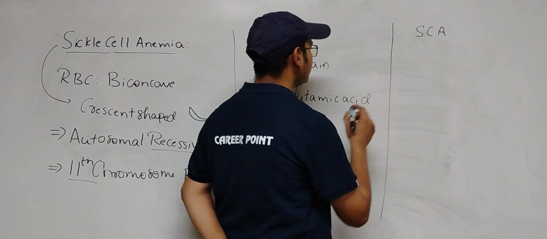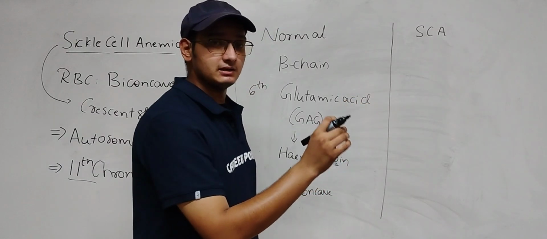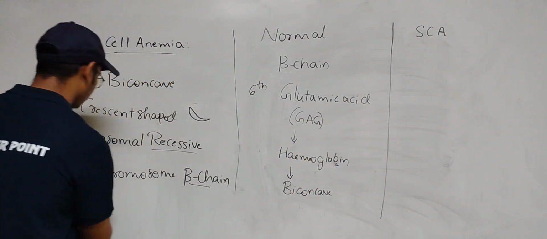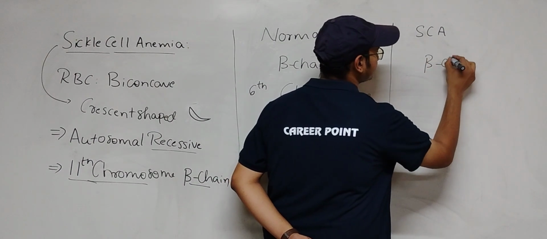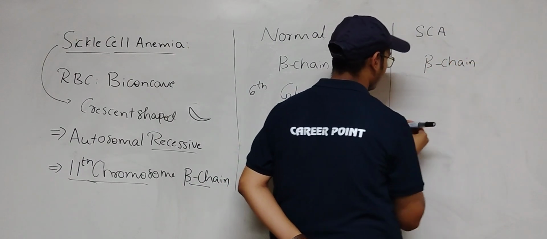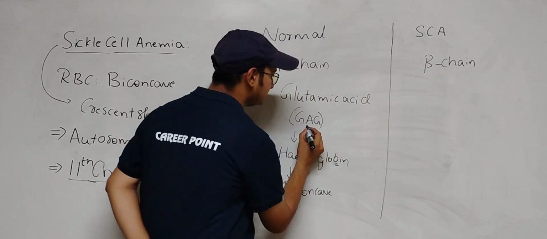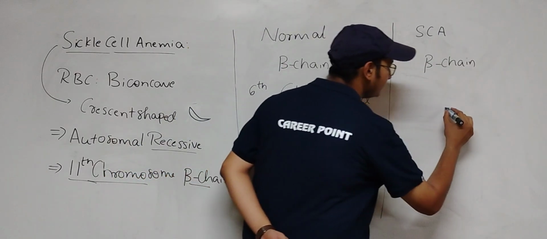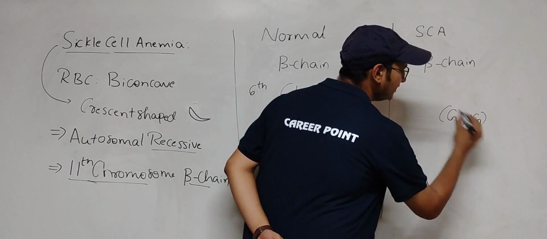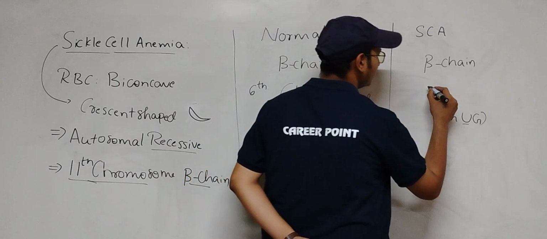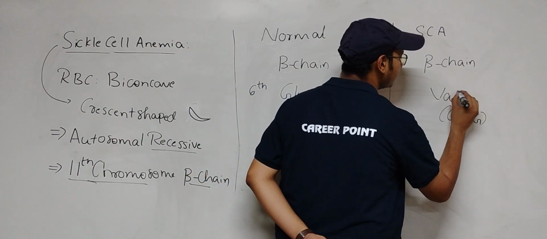So here what happens is, I told you there is a mutation in the 11th chromosome, HBB gene, beta chain. Instead of GAG, it is replaced by GUG. Just a single letter, but that's it. This codes for valine.